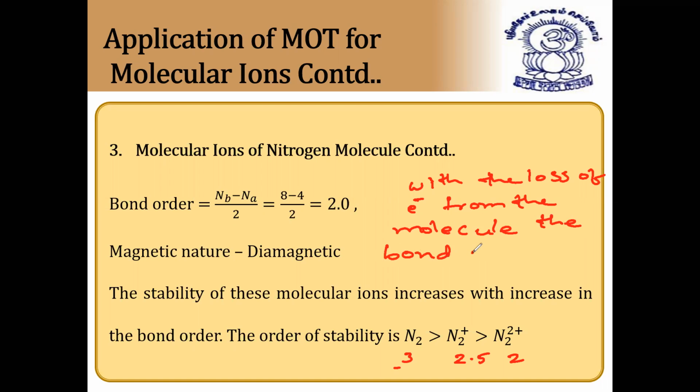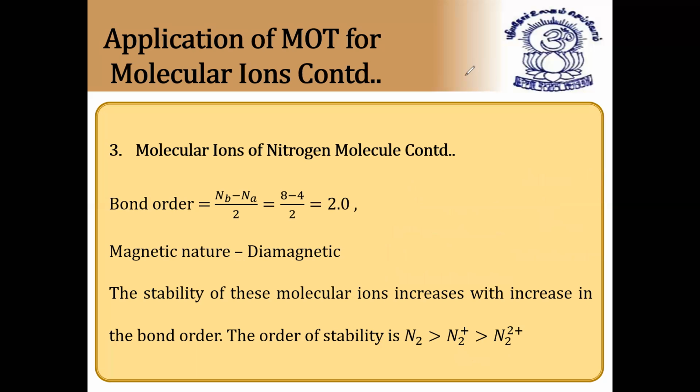This is a very important statement, because in examinations we cannot calculate bond order every time, as it will take so much time. So with this statement you can understand that bond order decreases, as well as stability. With the gain of electrons, bond order also increases. Let us see that also now.